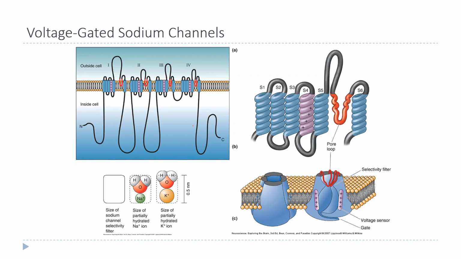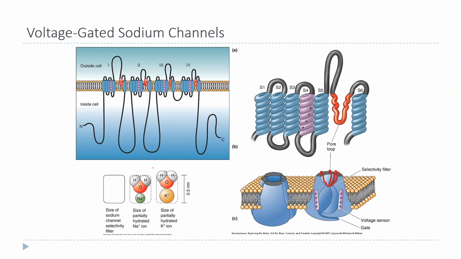That's what determines which ions can go through. So it only lets sodium through and not, for example, potassium. The main way that the channel can tell the difference between sodium and potassium is size. Sodium ions are smaller than potassium ions, especially when they're surrounded by water molecules.